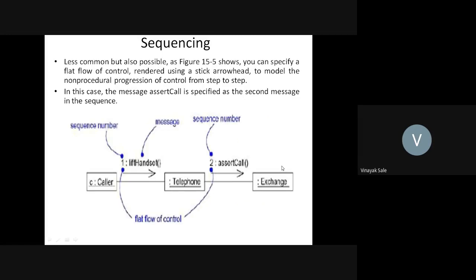Then less common but also possible, you can specify a flat flow of control, rendered using a stick arrowhead to model the non-procedural progression of control from step to step. In this case, the message assert call is specified as the second message in the sequence.